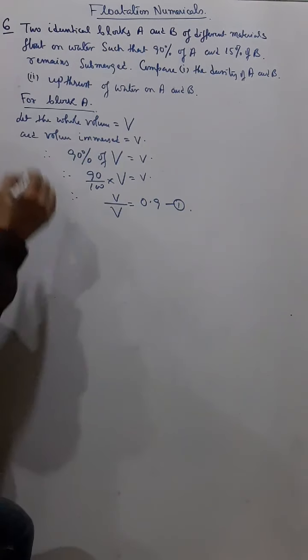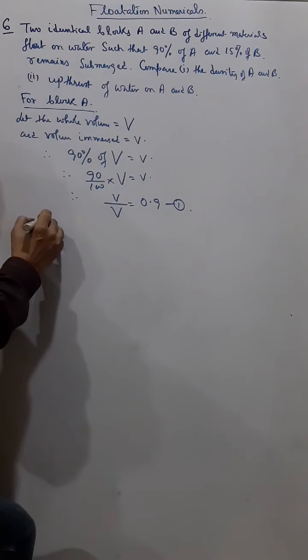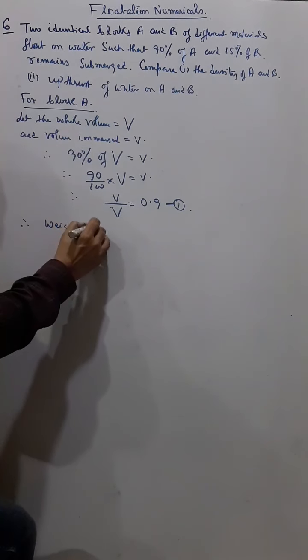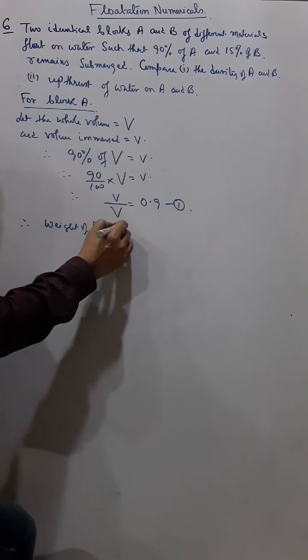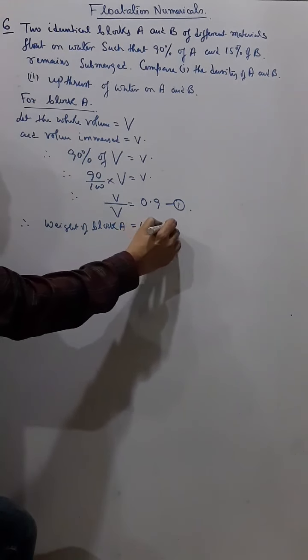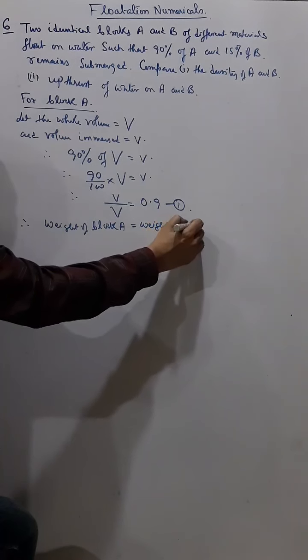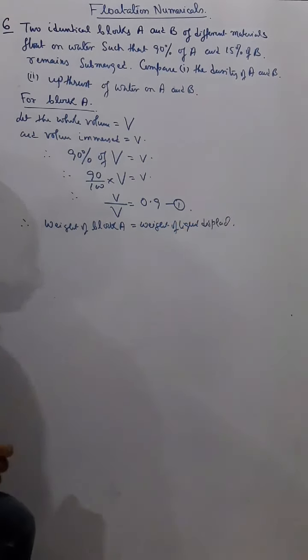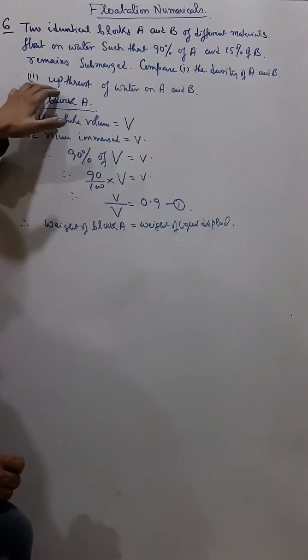Now, according to flotation, we can say weight of block A is equal to weight of liquid displaced. Therefore, it is floating. So, I am just doing block A now.